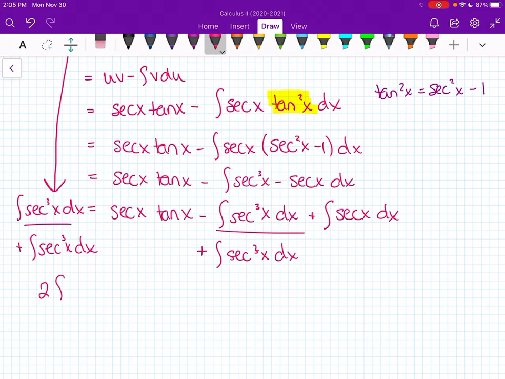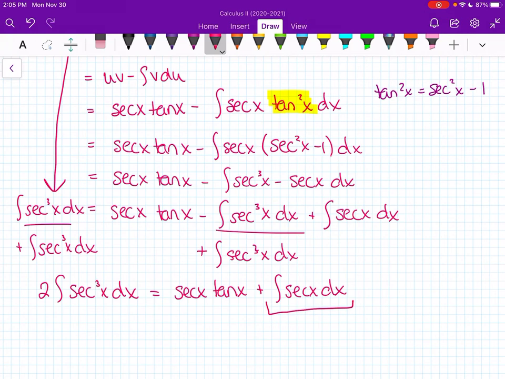So then I have 2 times the integral of secant cubed x dx equals secant x tan x plus the integral of secant x dx. And if I look at my little cheat sheet, I can see that I do have this integral. I have the formula for that.